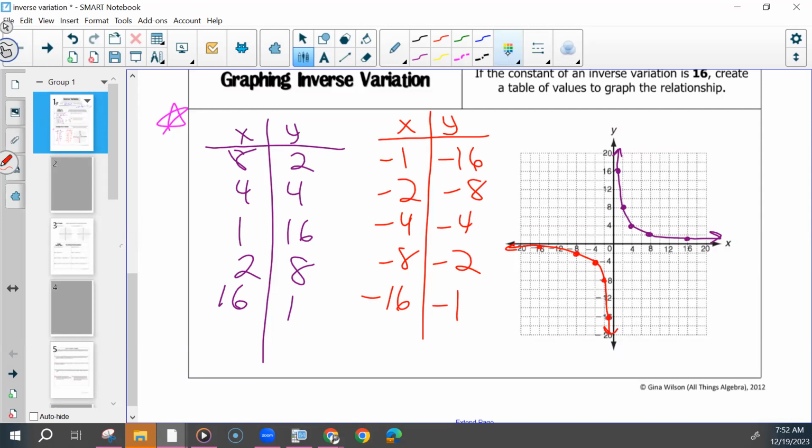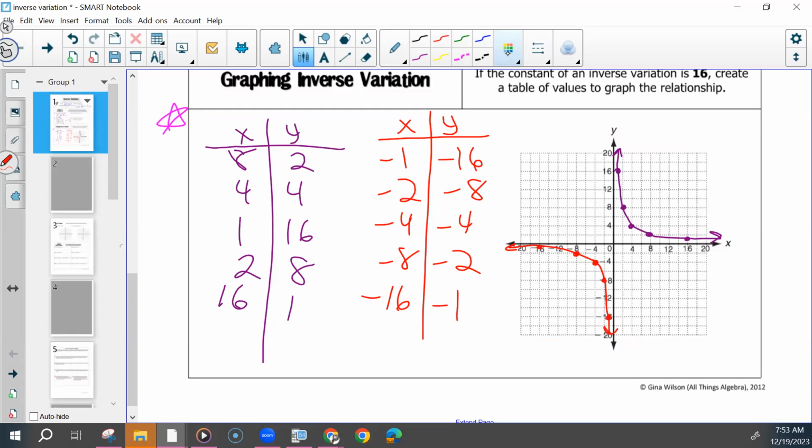This is the full graph. This is called a hyperbola. When you get to algebra 2, algebra 3, or pre-calc, you'll do more with that. We won't do more with this, except you need to know what it looks like. So when you see this shape, you have to know this is inverse.